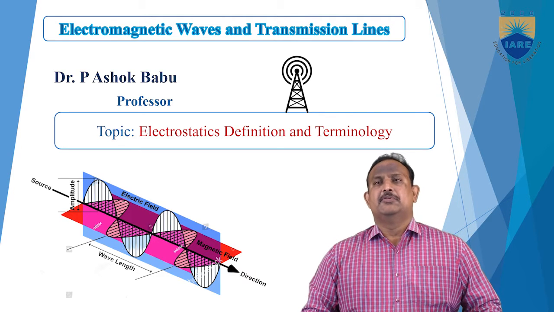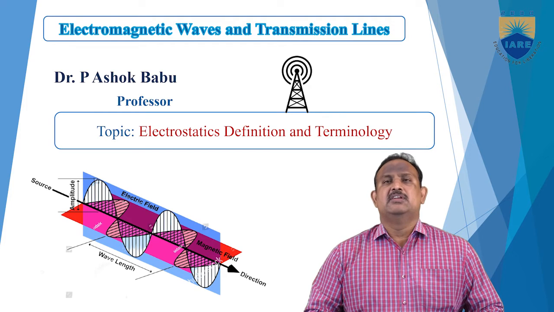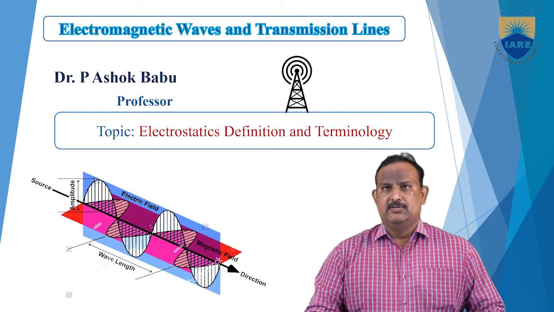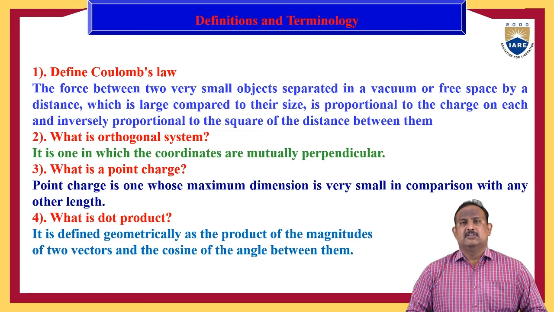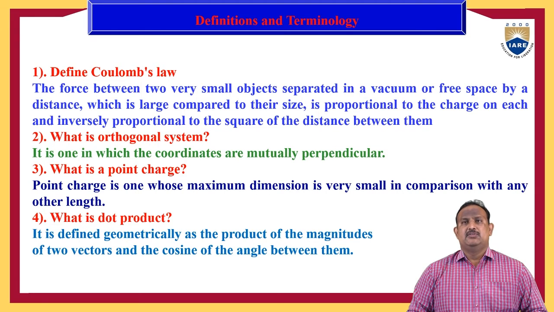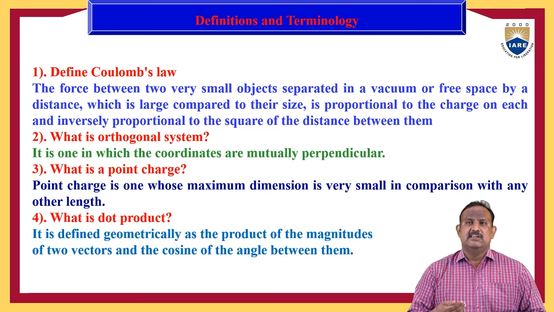In this video, I am going to discuss some important definitions of Module 1, that is electrostatics. First one, define Coulomb's law. Coulomb's law can be defined as the force between two very small objects separated in a vacuum or free space by a distance which is large compared to their size.